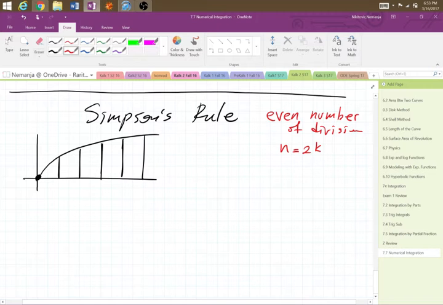Even number, like 2 rectangles or 4 rectangles or 8 rectangles or 16 rectangles, can't have an odd number. You see I have 4, so we pick 3 points and we shoot a parabola through those. Then I pick 3 points and I shoot a parabola through those. And we go until we reach all of those. So we have again x0, x1, x2, x3, x4.